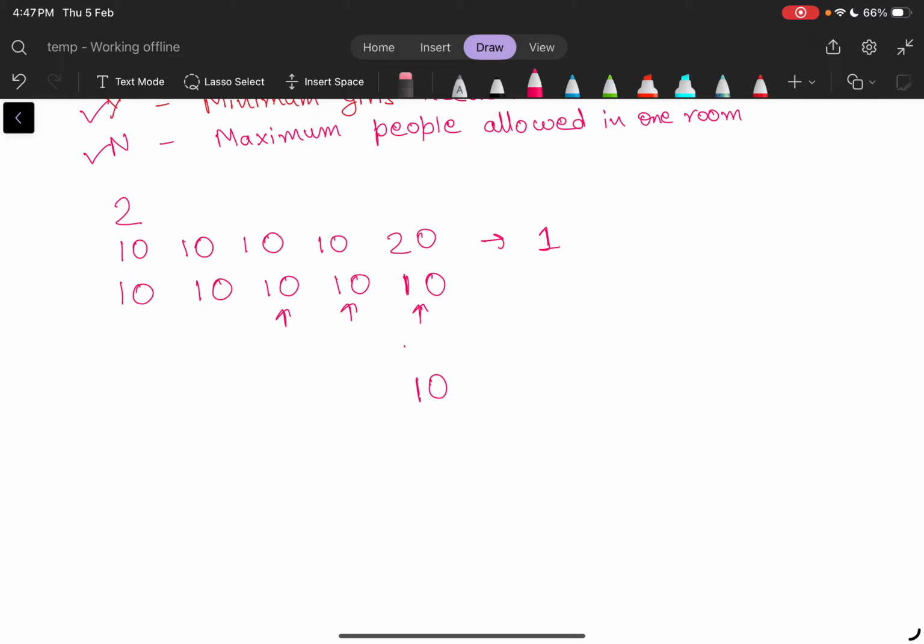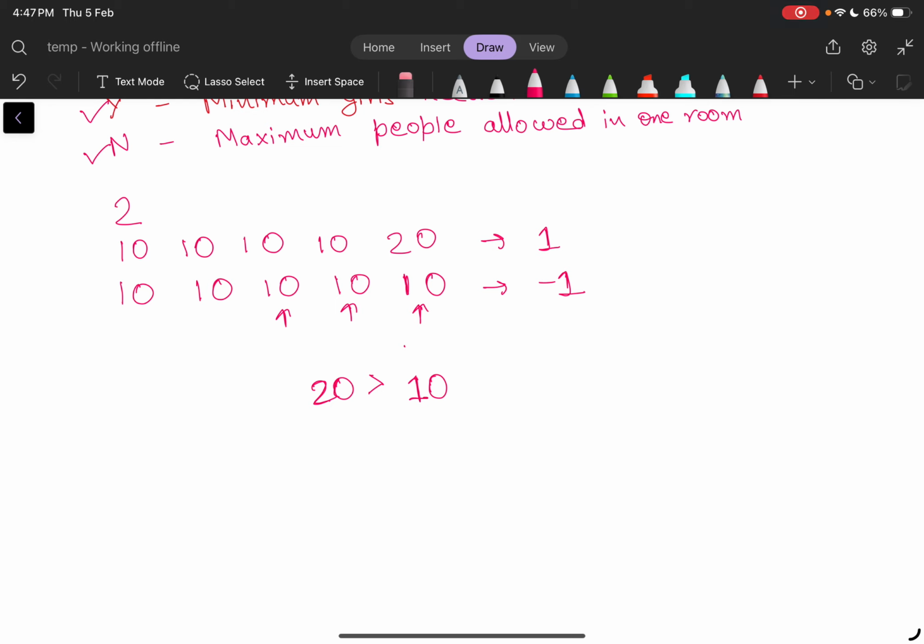So the total count of 10 plus 10 is 20, which is greater than 10. We only allow 10 people in one room, but according to the constraints we have to fit 20 people in one room, so it is not possible, right? So in that case we'll be printing -1.